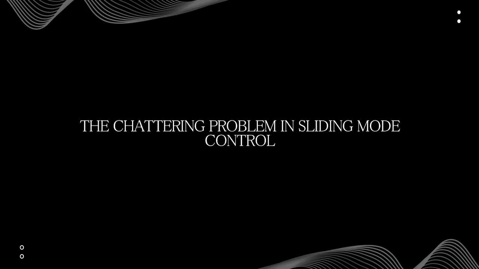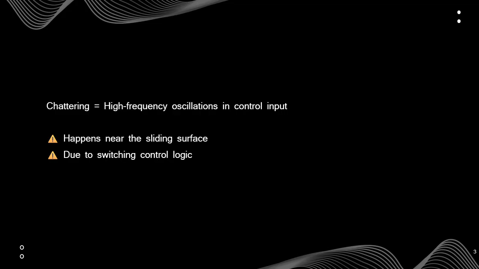In this video, we'll talk about a common issue in sliding mode control: chattering. What it is, why it occurs, and why it's important to address it in real-world applications.